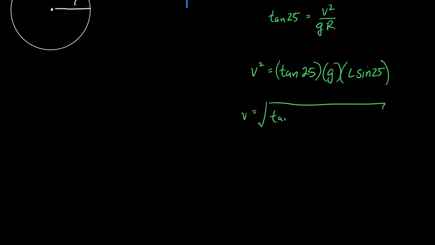So tan 25 times 10 times 1.2 sine 25. Then take the root. This will give you the velocity. Oh, it's not 1.2. Sorry, it's 20 centimeters. 0.2.